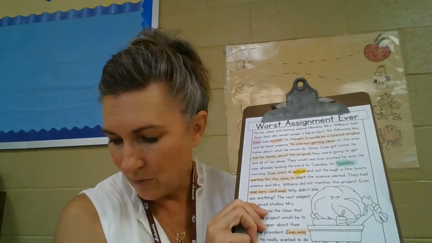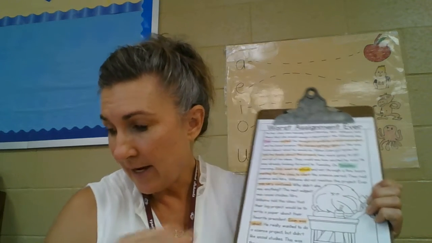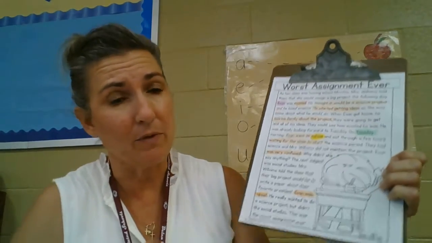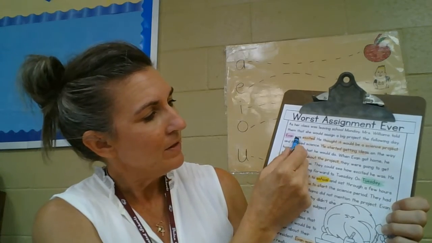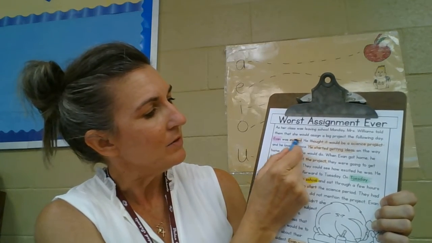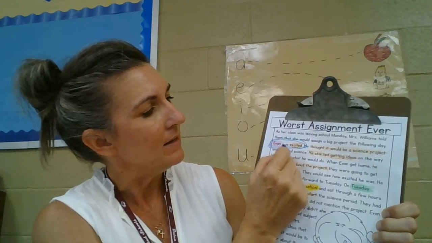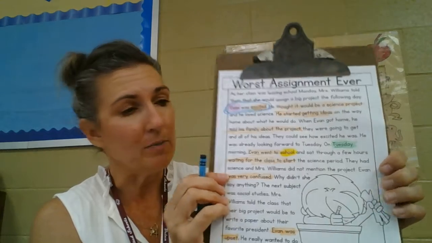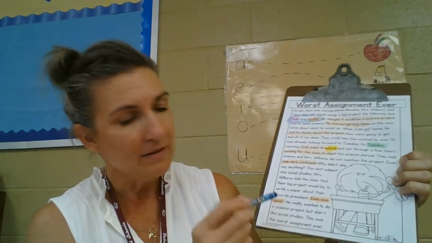Now, blue crayon. So blue crayon to highlight how the character feels. Okay, so he feels a couple different ways. First, he was excited. So I'm going to underline that. Maybe I'll circle it. At the beginning of the story, he was excited because he was hoping that it was going to be that science project. But how did it say he felt at the end?